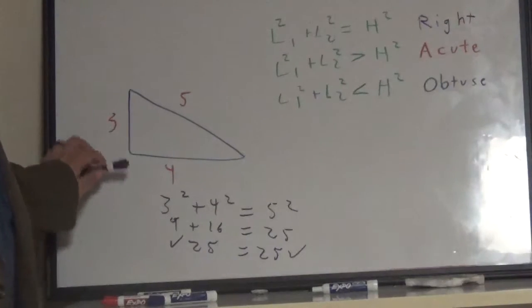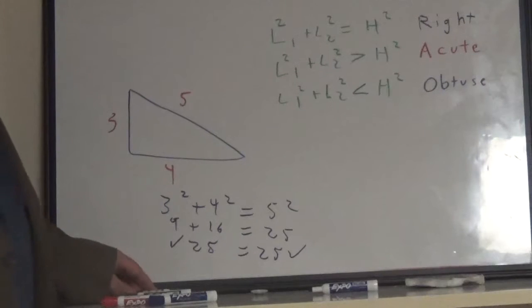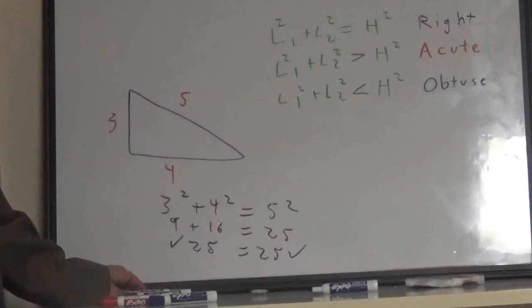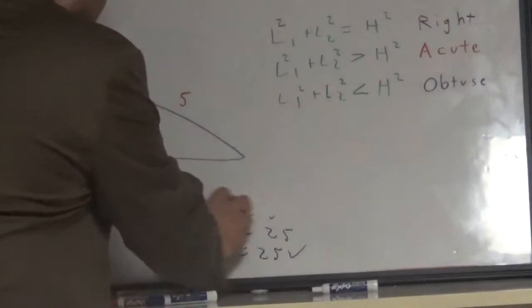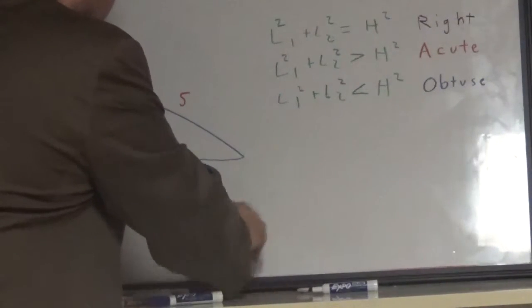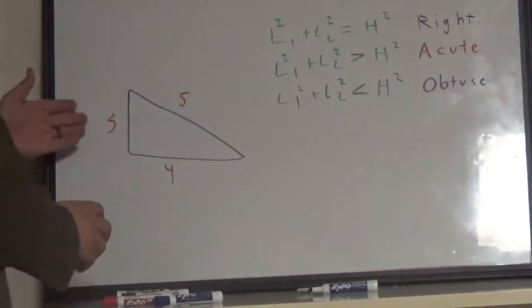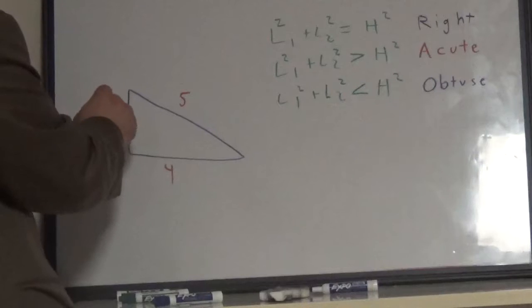If you come across something like this, it's of course a right triangle. But what if one side is bigger or less than the other? Let's say instead of 3, 4, 5, it's 2, 4, 5.